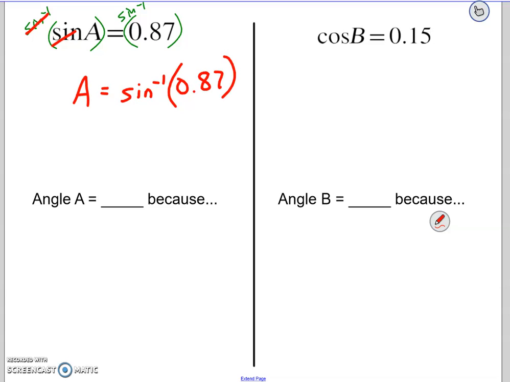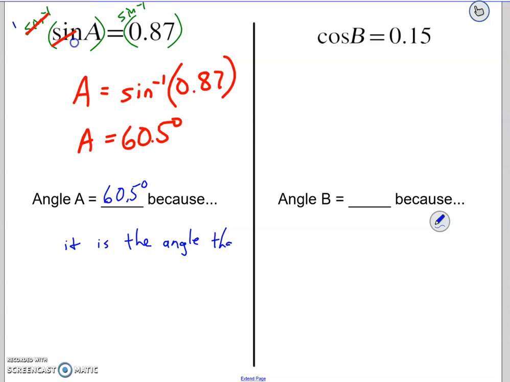That gets me a value, by the way, of 60.5 degrees. Okay, the reason that it's okay for me to say that angle A has to be 60.5 degrees is because it is the angle that has a sine ratio, which is the opposite over the hypotenuse, right?